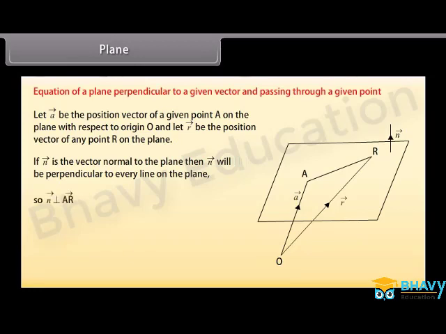So, vector n is perpendicular to vector AR. So the equation of the plane is the dot product of vector AR and n equals 0, or the dot product of vector r minus vector A and vector n equals 0.